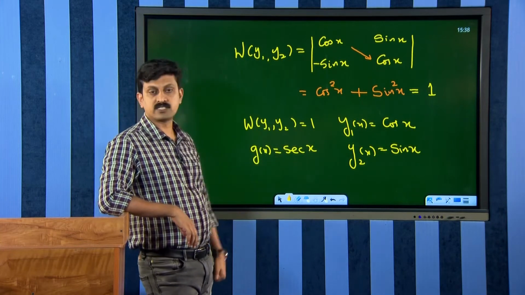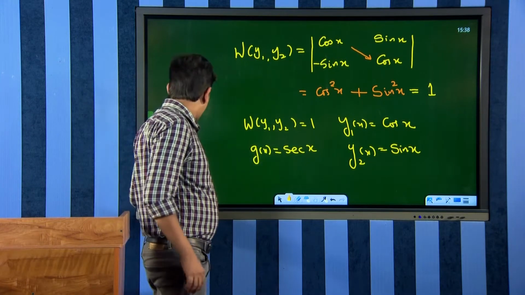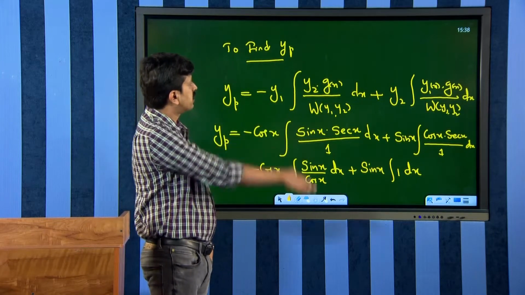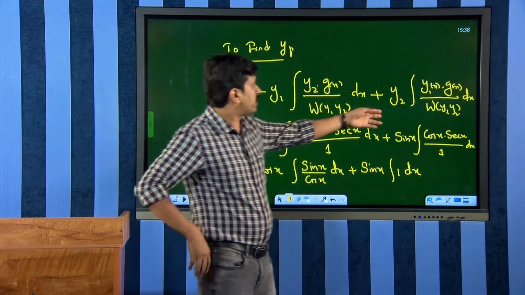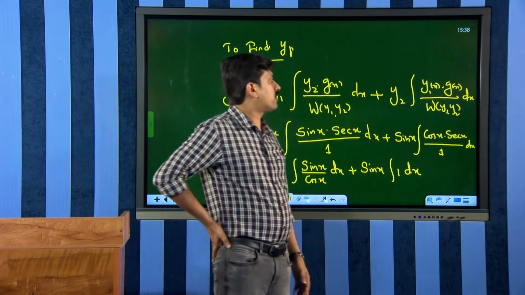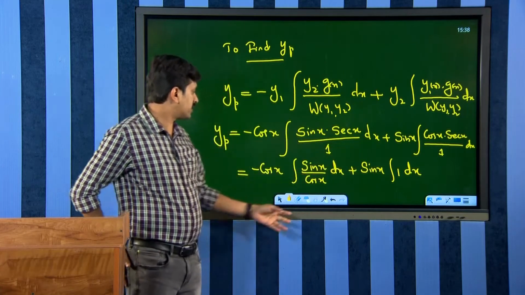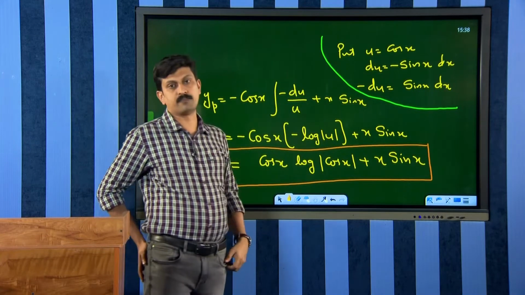So that is sec x. We can use this formula: yp is equal to minus y1 integral of y2 g of x divided by Wronskian dx, plus y2 integral of y1 g of x divided by Wronskian dx. We applied all those things, and after integrating that, we found what yp is.